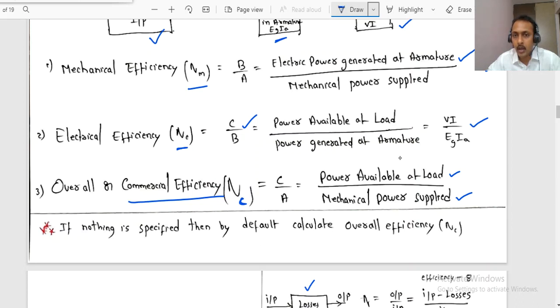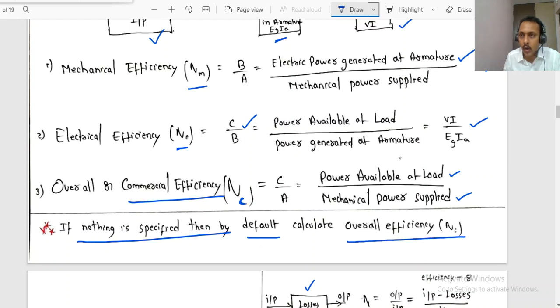If nothing is specified in the problem about which efficiency you want to calculate, then by default, please calculate the overall efficiency. Clear? This point is important. Please remember, if problems are given for you in your exam.